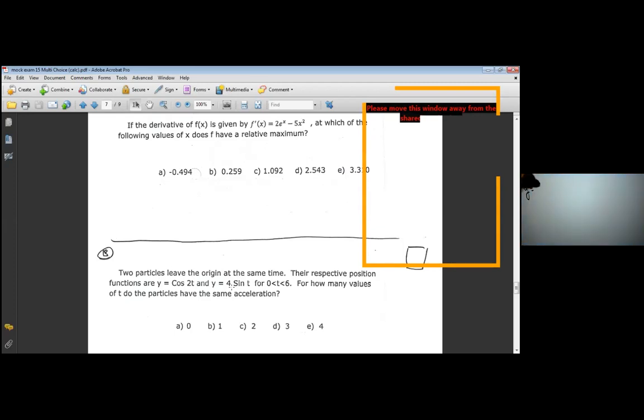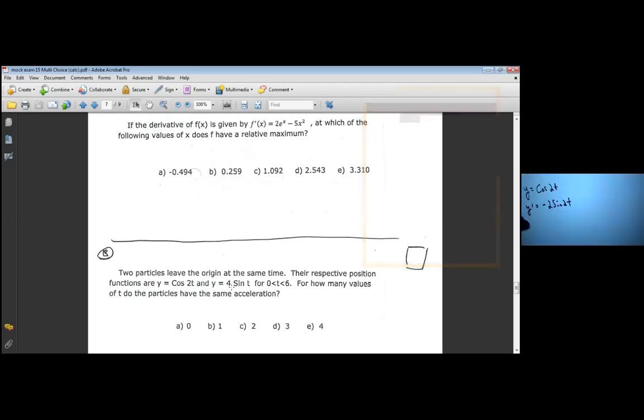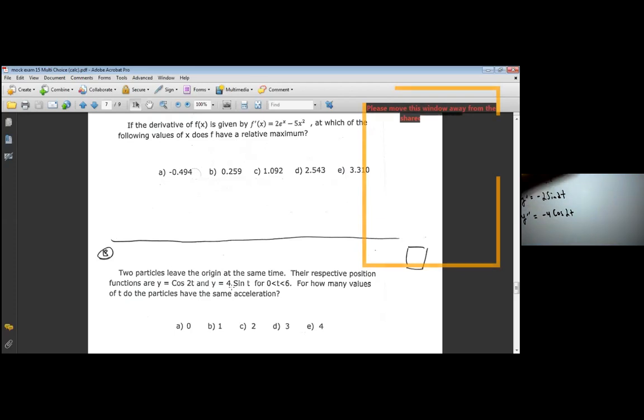Exactly. All right. So first one is y equals cosine 2t. So the derivative is negative 2 sine 2t. So the second derivative is negative 4 cosine 2t. And then for the other one, we've got 4 sine t. So that's 4 cosine t.